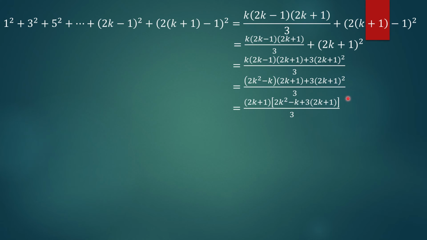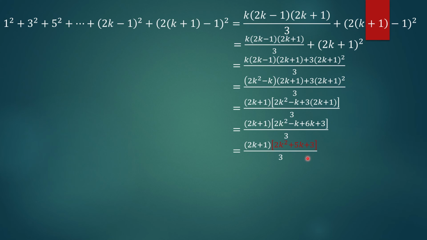And by factoring out the common term, which is the 2k plus 1, we have the quantity of 2k plus 1 times the quantity of 2k squared minus k plus 3 times the quantity of 2k plus 1 all over 3. And by expanding using the distributive property, we have the quantity of 2k plus 1 times the quantity of 2k squared minus k plus 6k plus 3 all over 3.